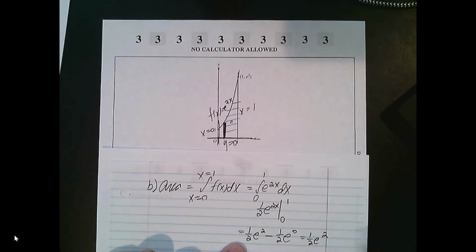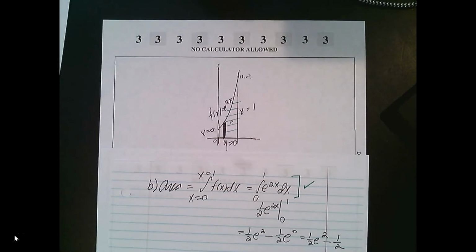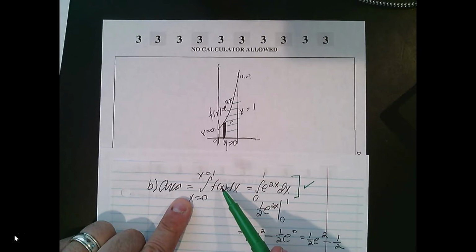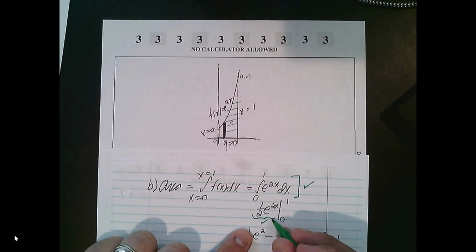1/2 e squared, there's not really much we can do there, but e to the 0 is 1, so 1/2 of 1 is just going to be 1/2. In terms of how points were awarded, you got 1 point for setting up the initial integral, either this way or this way, where we just say f of x. 1 point for finding the antiderivative, that's the 1/2 e to the 2x.